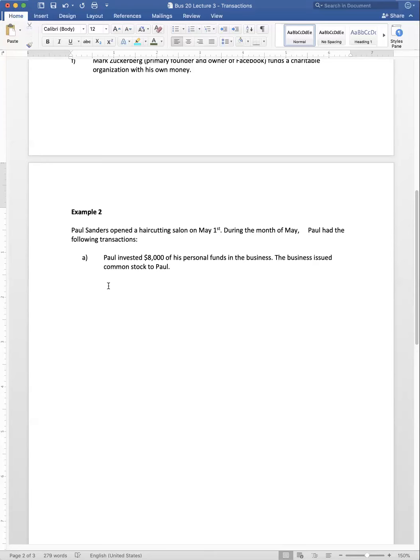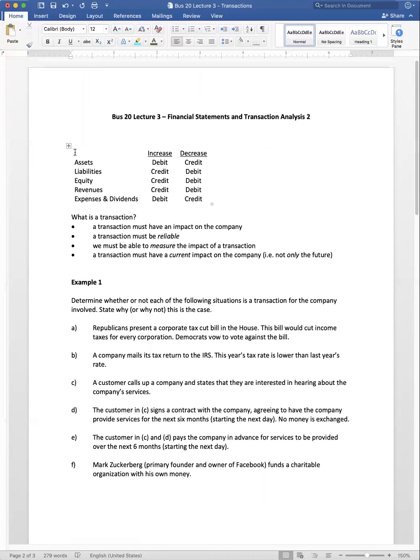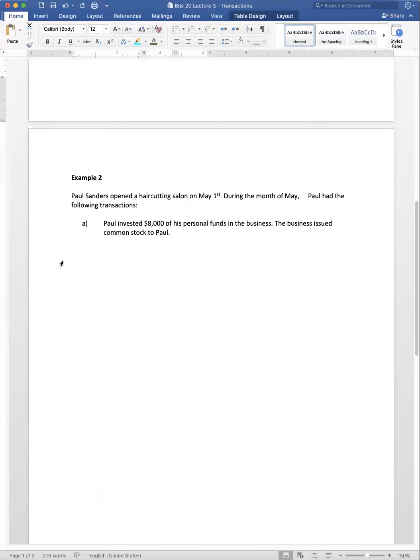That would be cash, right? So Paul is giving cash to the business. So for the business, because remember, we're doing all of this from the company's point of view, what's happening with cash? So let's go back to our diagram here. In fact, I think I'm going to just copy this down because we're going to be looking at it a lot.